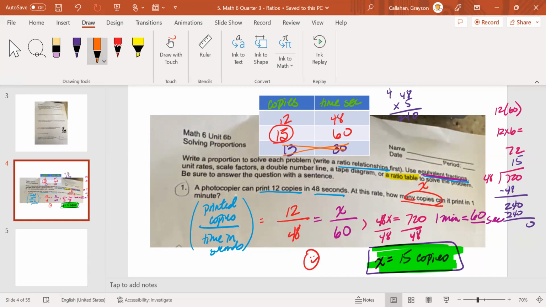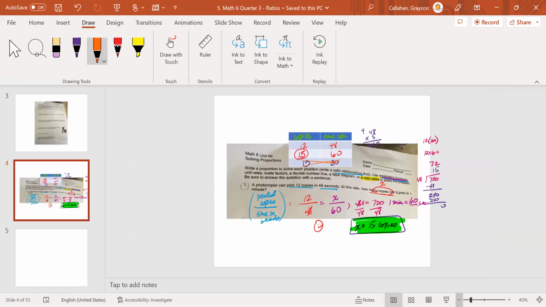Another way of thinking about this, Grayson: here is copies and here is time. I should put time on the bottom, over time. So I have 12 over 48 equals 15 over 60.